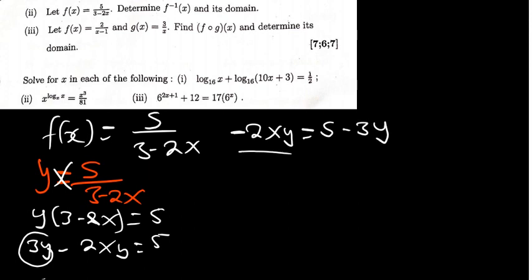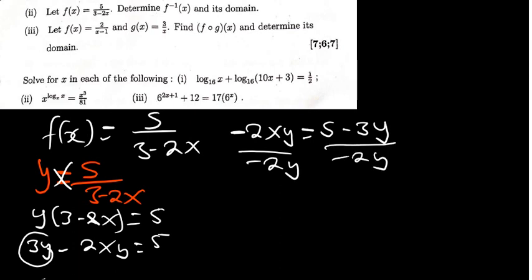What I'm going to do now, since I want to make x the subject of the formula, I need to shift this to the right hand side so that I remain with only negative 2xy. So I'm going to have negative 2xy is equal to 5 minus 3y. I divide both sides by negative 2y.